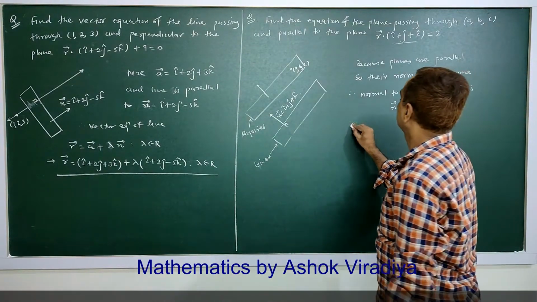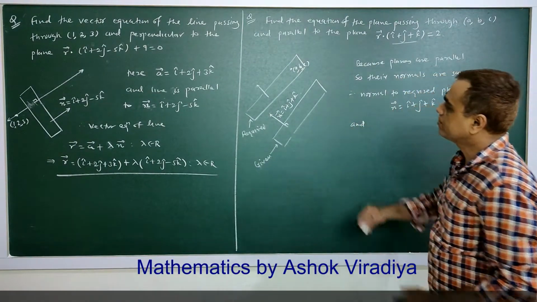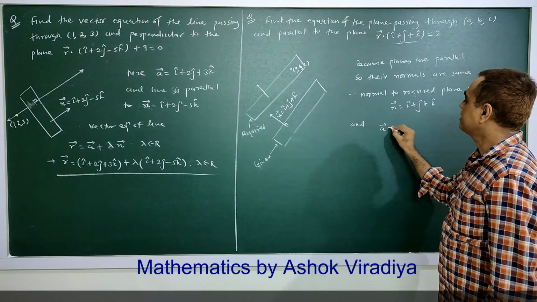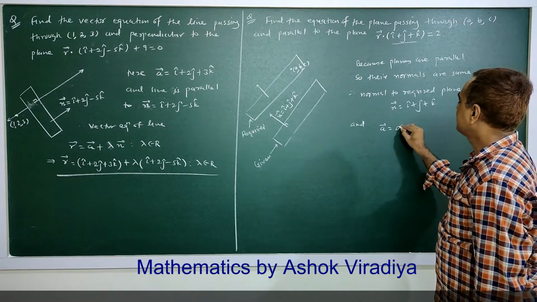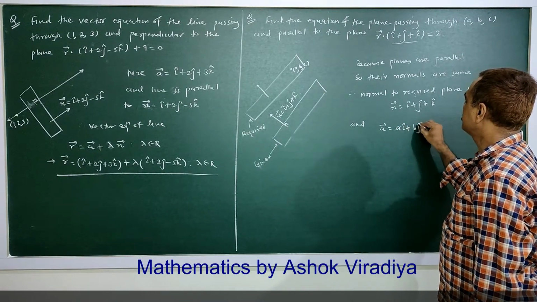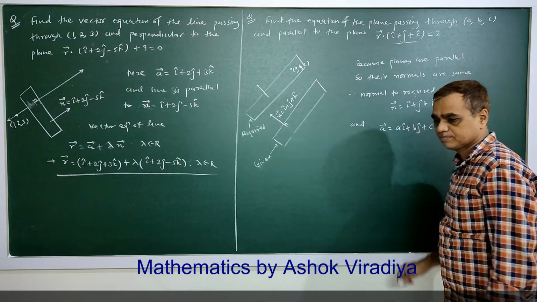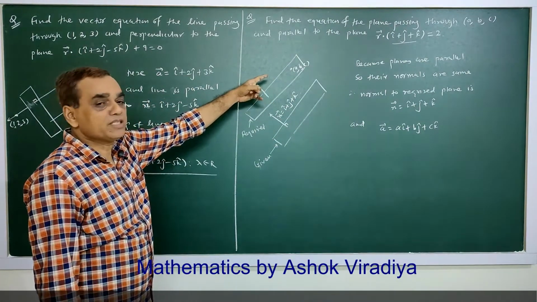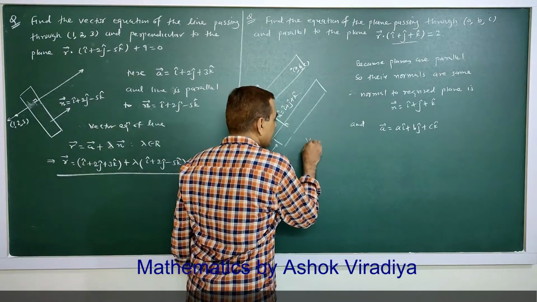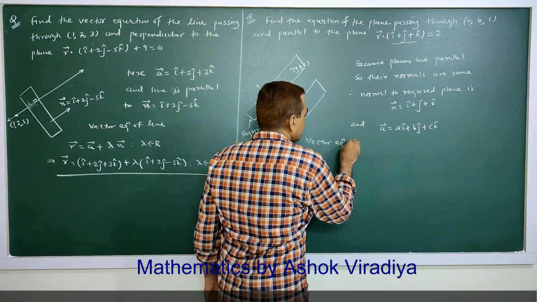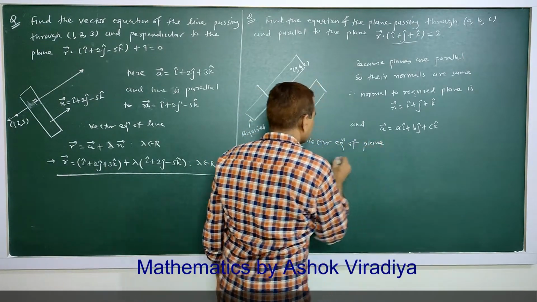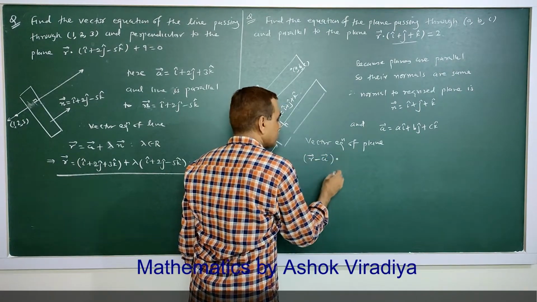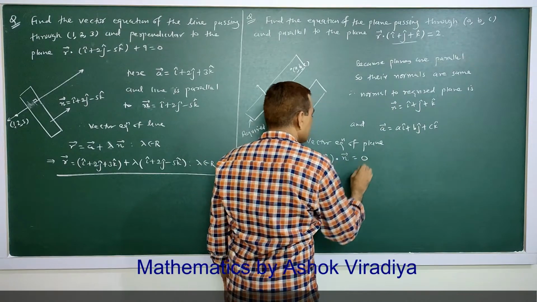And here the plane is passing through (a, b, c). So that point we are taking as vector A. Vector A is ai plus bj plus ck. That is the position vector of a point through which the plane is passing. So the equation of the plane is therefore, the vector equation of the plane is (vector R minus vector A) dot vector n equal to 0.